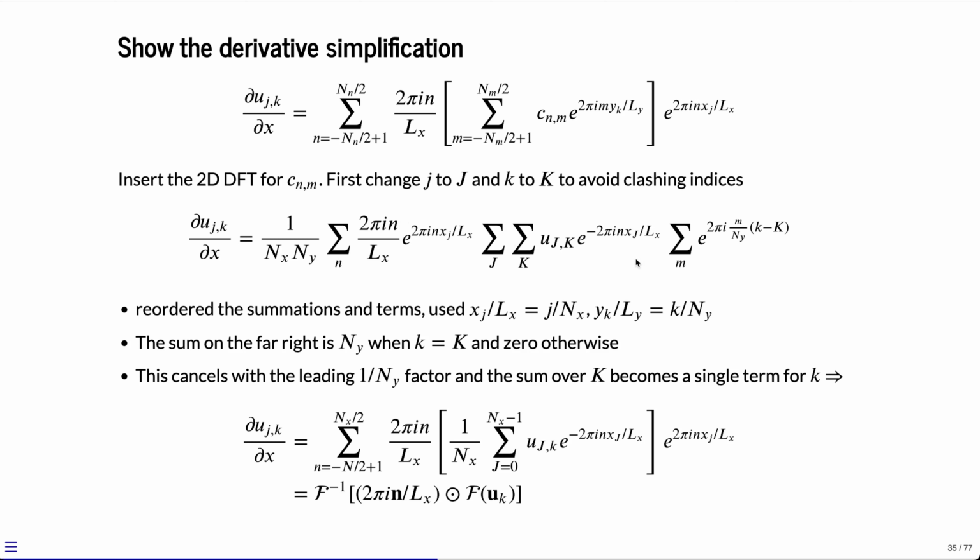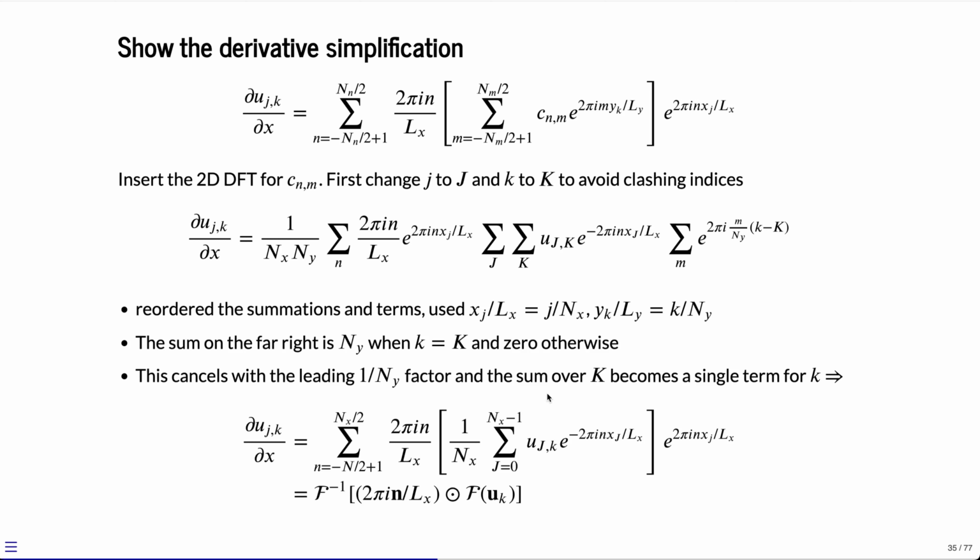And then we've reordered some of the terms. So the sum on the far right here, when little k equals big K, this whole term is just e to the 0, which is 1, and you've got n_y of those. And so that n_y cancels with that one right there.